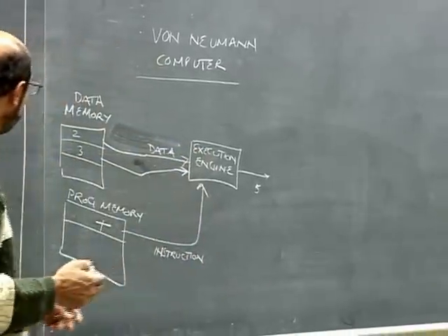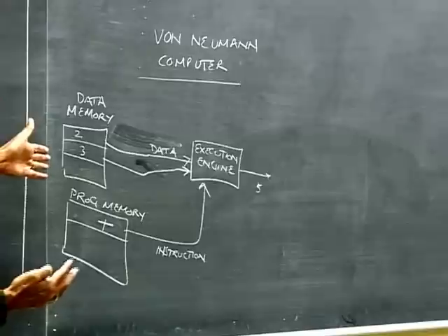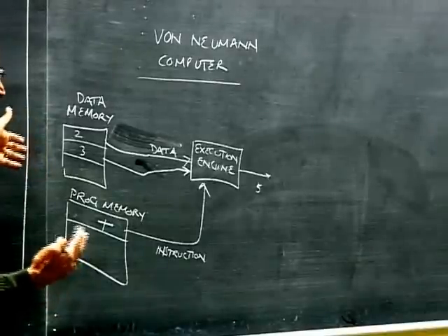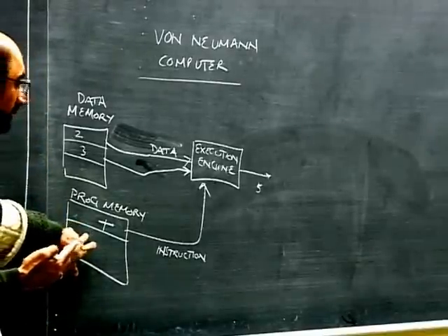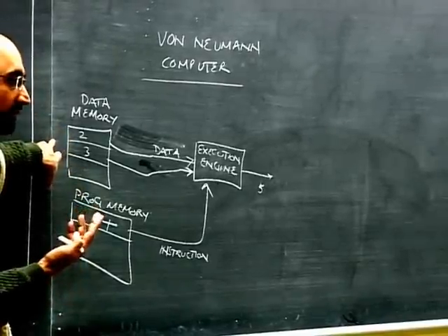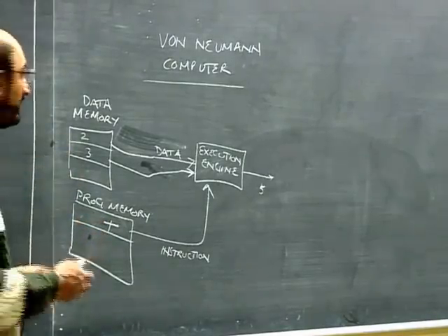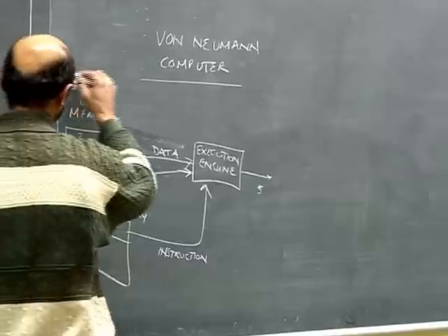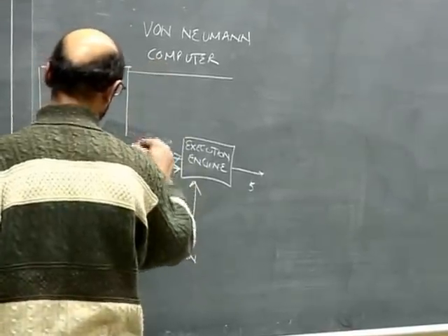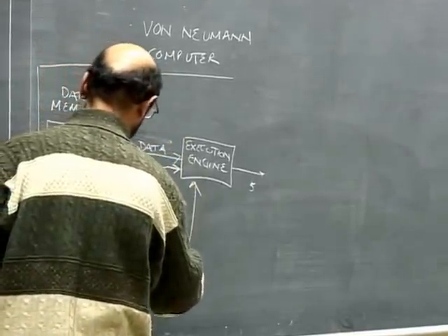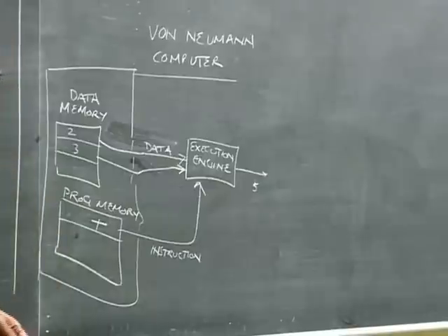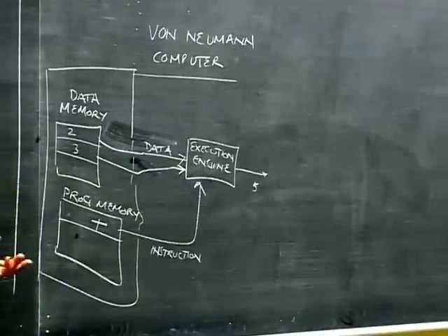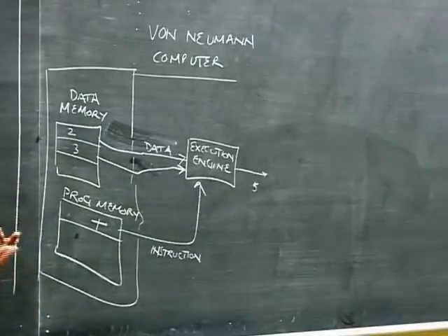And so what happens is that the execution engine is being told what to do and what to do it with, both from memory, and both of these memories are sort of the same memory, okay, like so. So it's just one memory, and part of it is the data memory. It says this is what you're going to operate on.